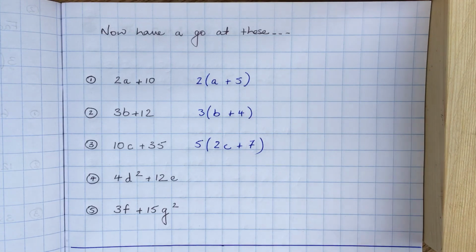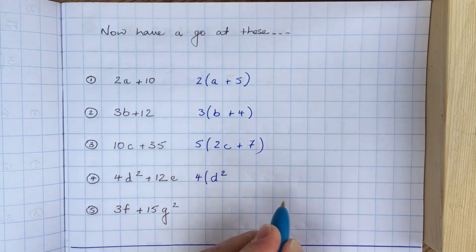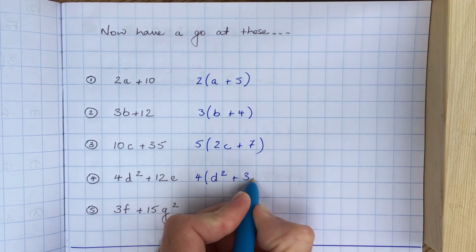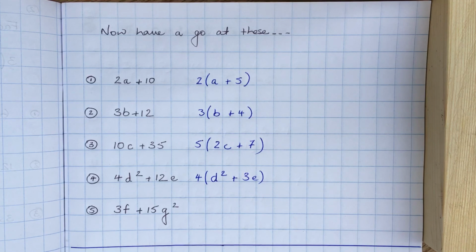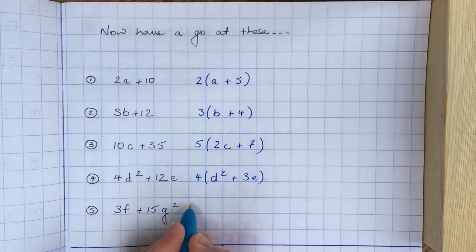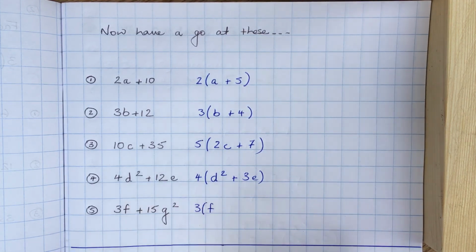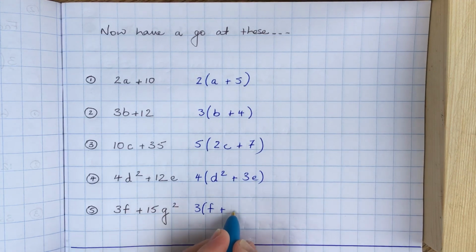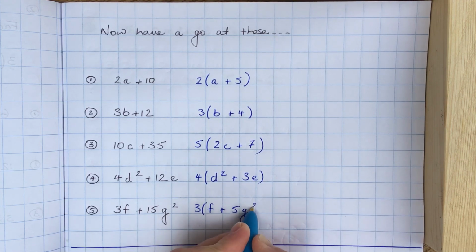Next one, 4 lots of d squared plus 3e. And finally, we've got 3 lots of f plus 5g squared.